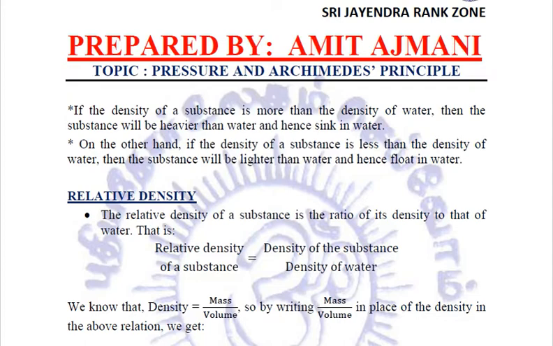Right? Now, as we have discussed above, if the density of a substance is more than the density of water, this means that the substance is heavier than water, and hence if this substance is put in water, it is going to sink.